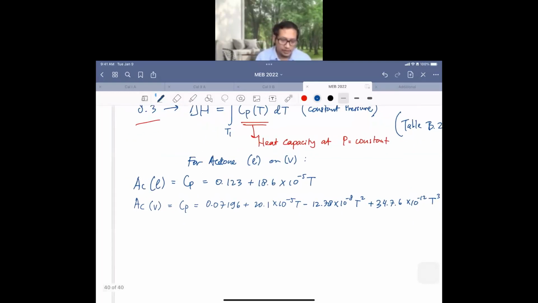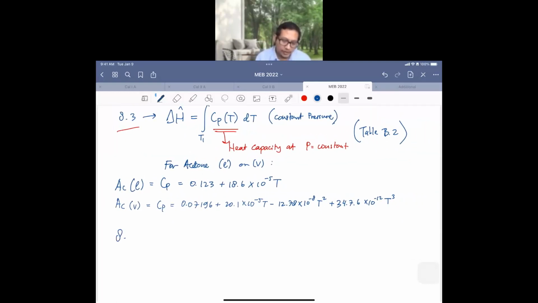And then 8.4, we deal with the heat of vaporization, or we call this delta enthalpy of vaporization.